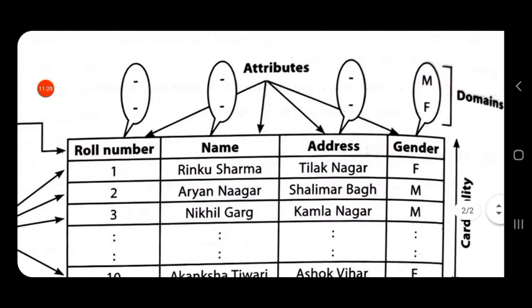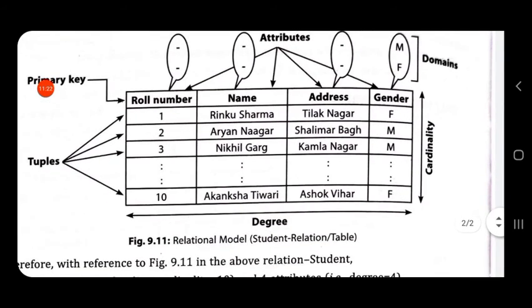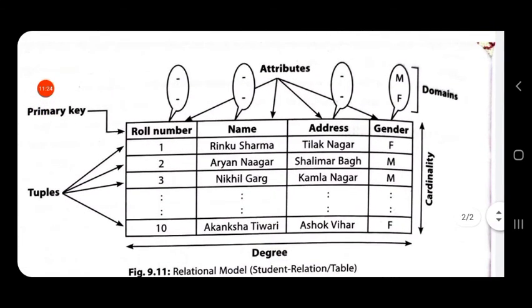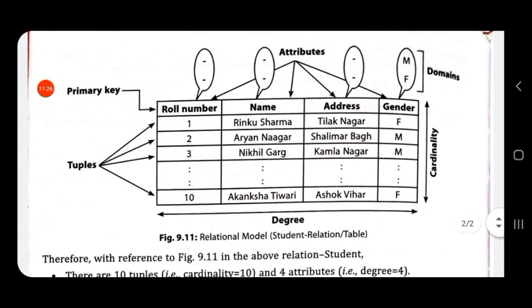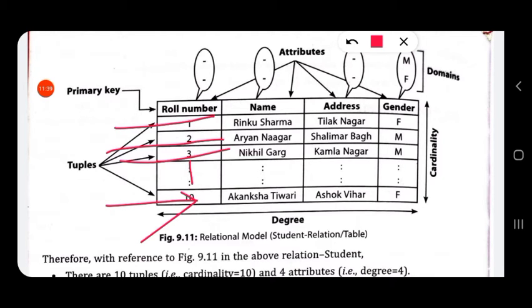This is a table student, and you can see the number of rows: 1, 2, 3, and so on, up to the last, 10. So cardinality is the number of rows in the table. Here there are 10 rows, so the cardinality is 10.